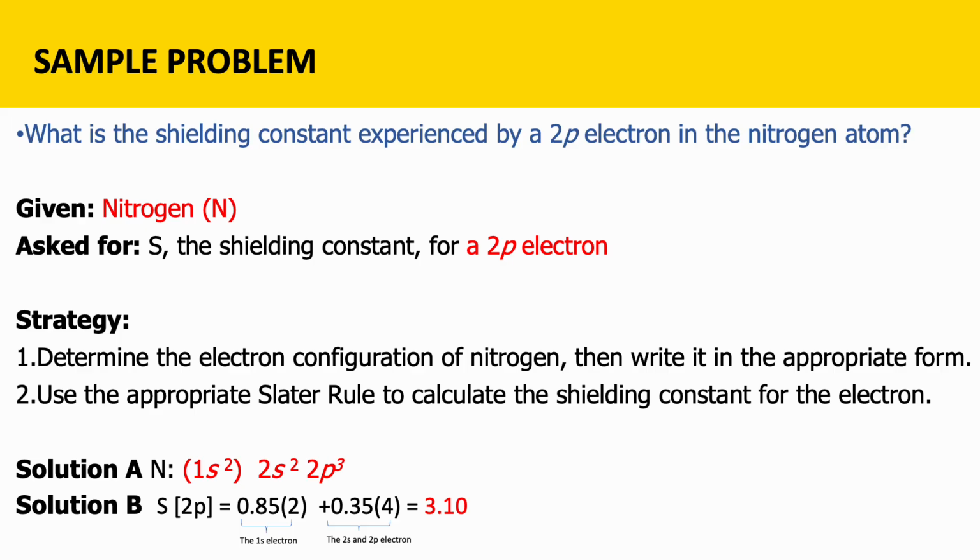So if you are interested in one electron in the p orbital, the other screening electrons there are your 2s2 and 2p2. That's 4 electrons: 5 minus 1 is 4, hence 4. So you apply rule number 2, and you would get your shielding constant for nitrogen.